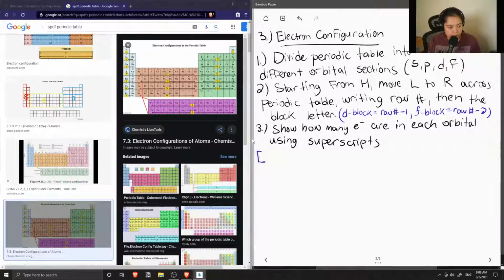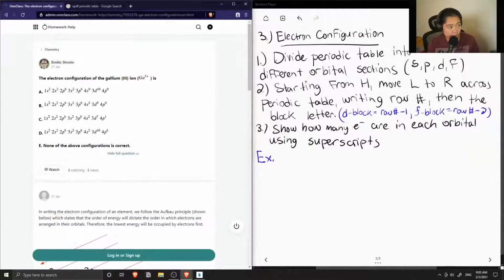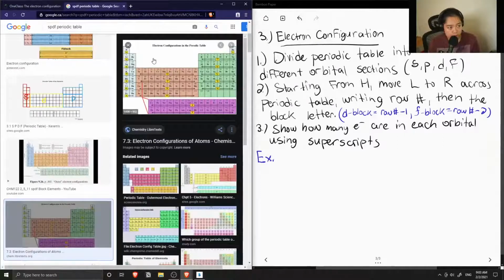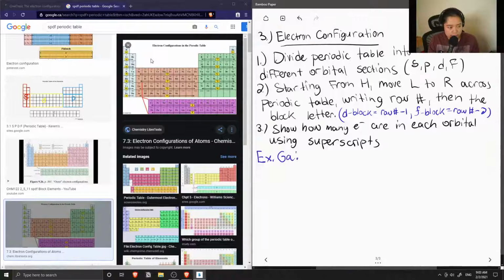So let's try to do our example, which was the electron configuration of gallium. So gallium in its ground state can be found right here, atomic number 31.